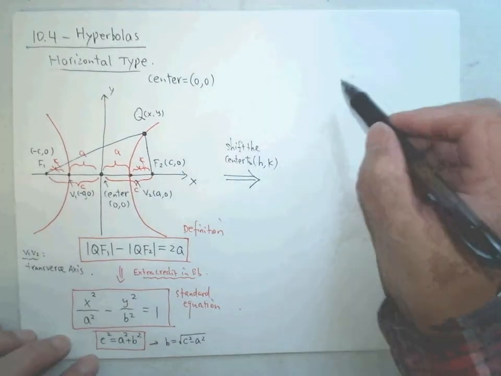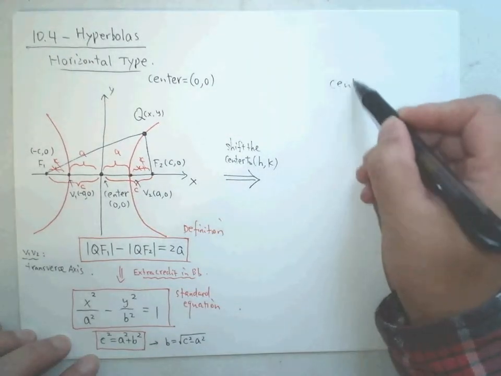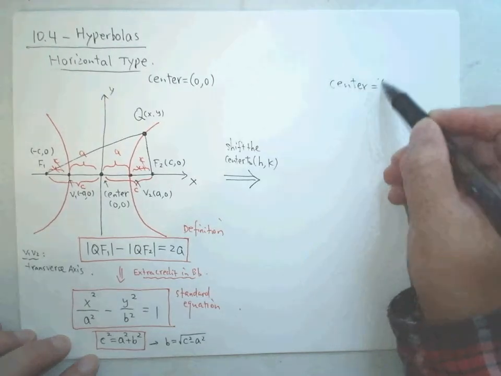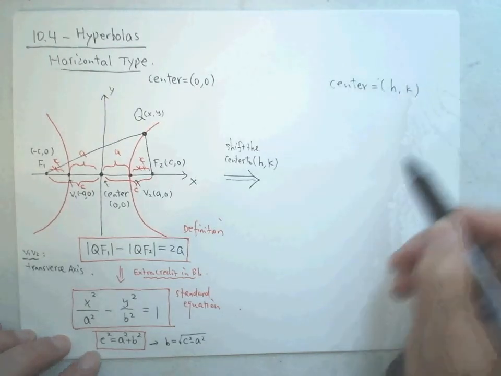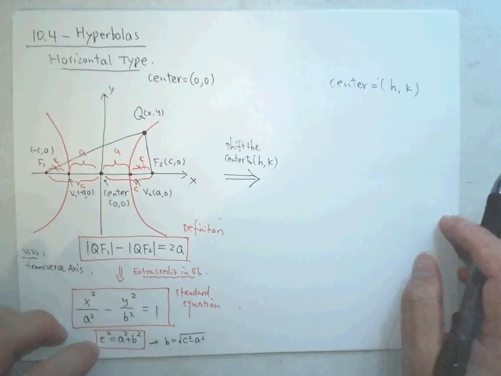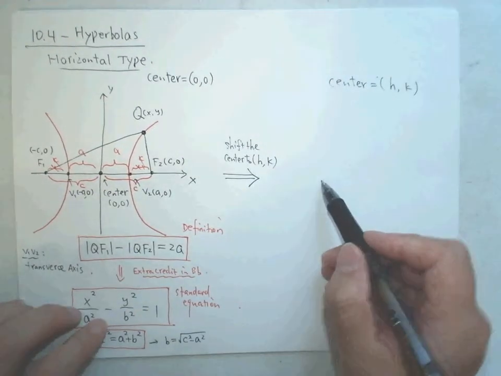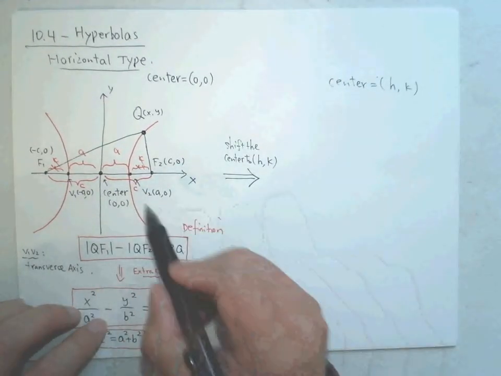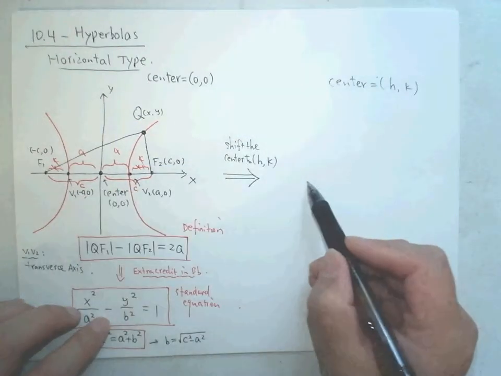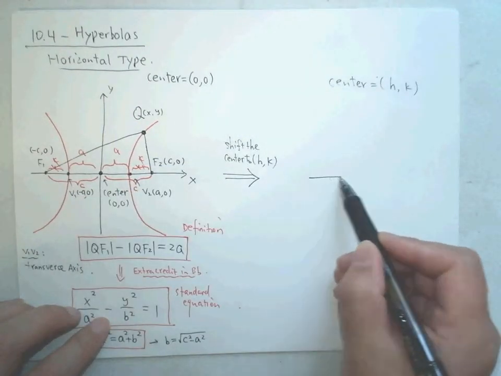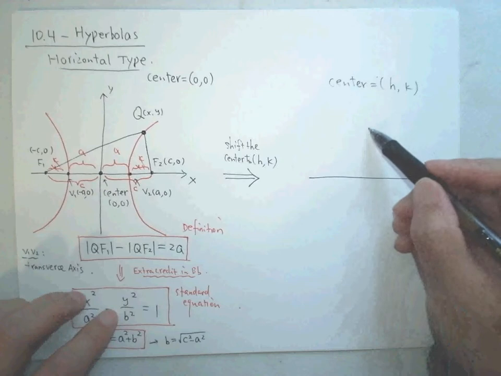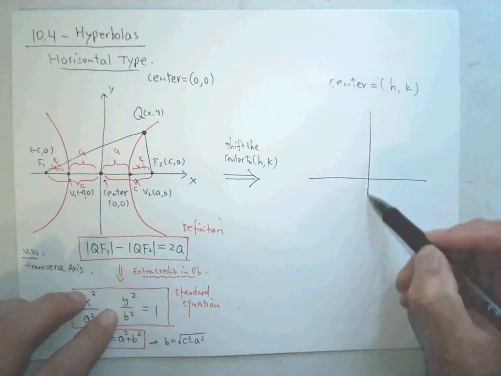Okay, everyone. So if the center is going to H and K this time, we're going to draw a graph again. Very similar to this, but a lot of the coordinates will change. This is not the x-axis, okay? I will draw the center first.